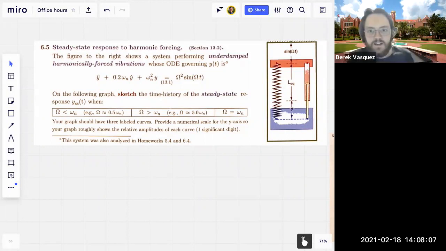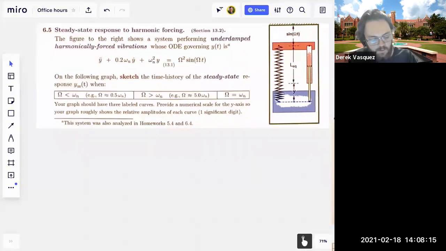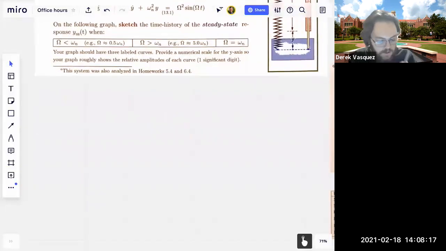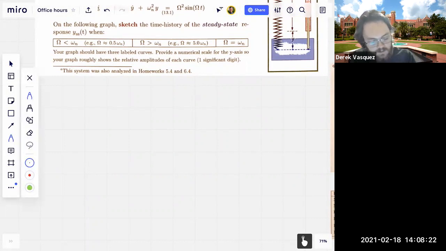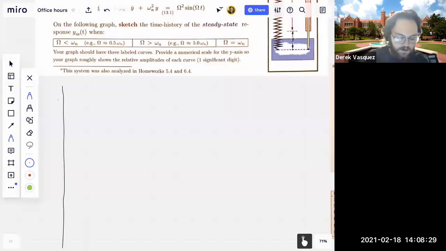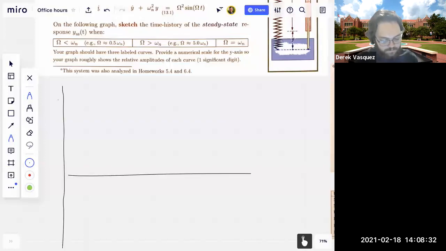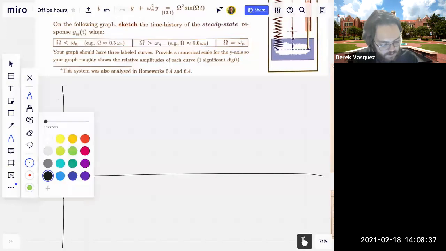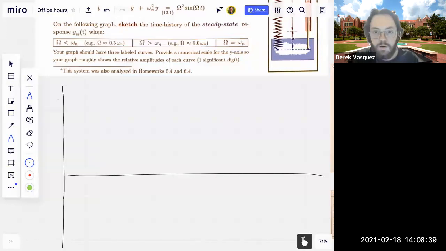Okay, that's fine. So yesterday, remember that when omega equals omega n, that's when you get the resonant frequency, right? So I'm going to go ahead and draw a plot there. I'll draw the input force first.